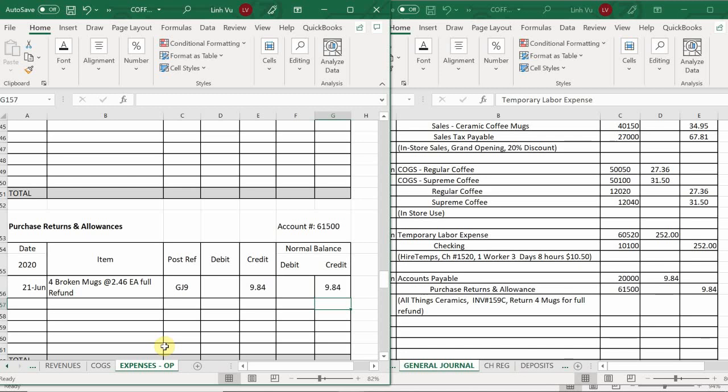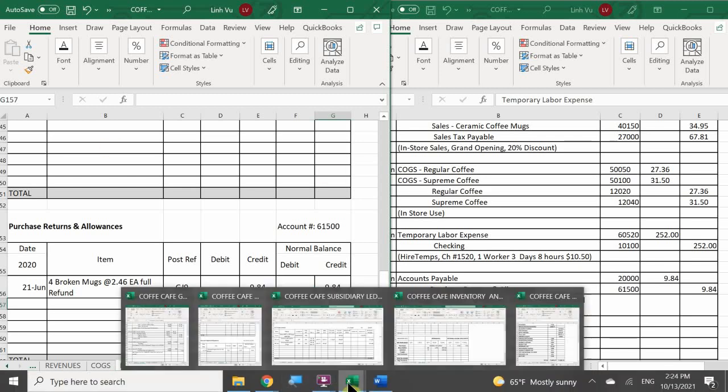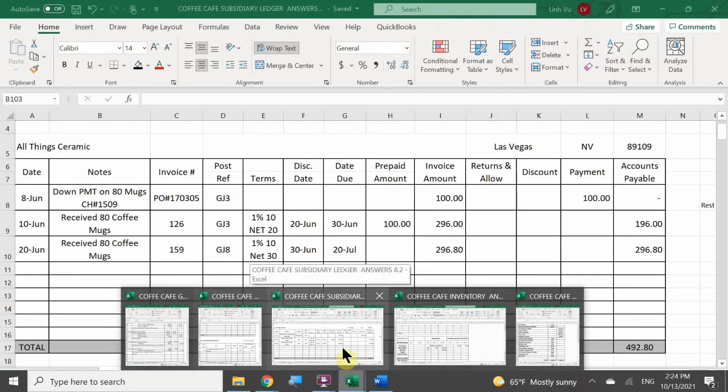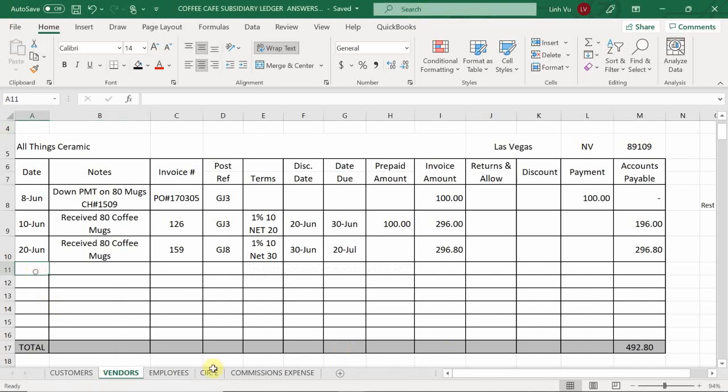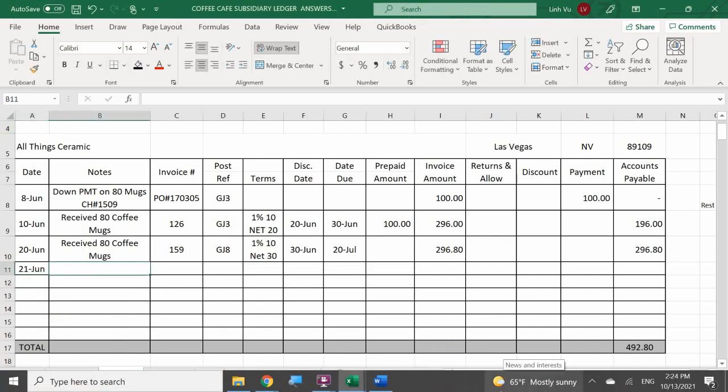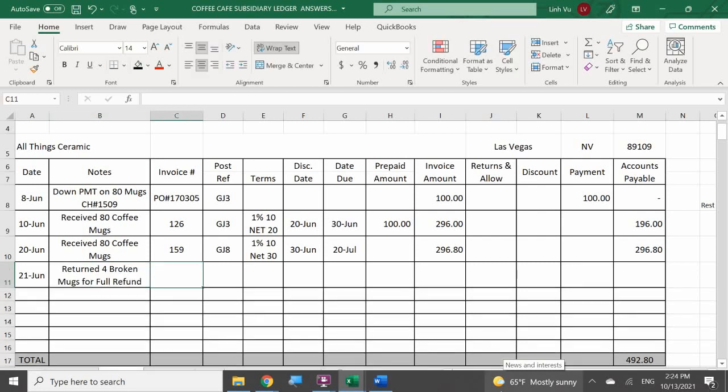Now we go to the subsidiary ledger. We have to update. Okay, so here, it is the 21st, right? 159C for credit, general journal number 9.